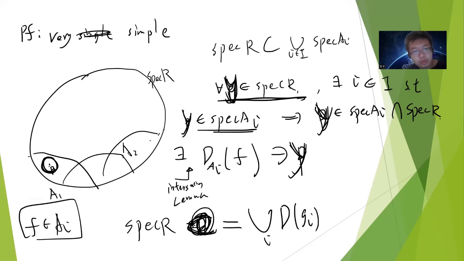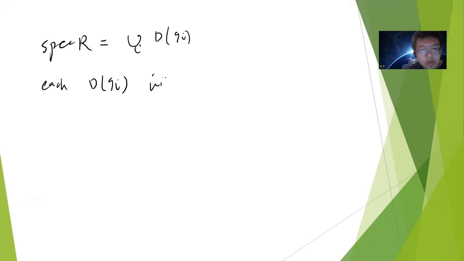For each point, you can find some A_i such that this point Y will have the distinguished open subset inside A_i and also inside Spec R. So your Spec R now is a union of D(G_i), and each D(G_i) will be a subset of some Spec A_j or whatever.